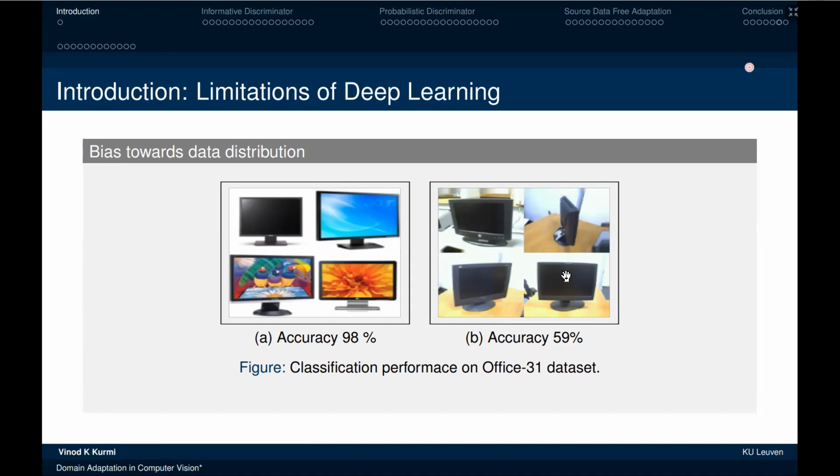All these things are different, so we call them different distributions. Actually, in this problem, we don't need to access or estimate the full distribution. We can only work with the samples. We don't need to estimate what kind of distribution these images come from; we just need the samples. So we will see what domain adaptation is.